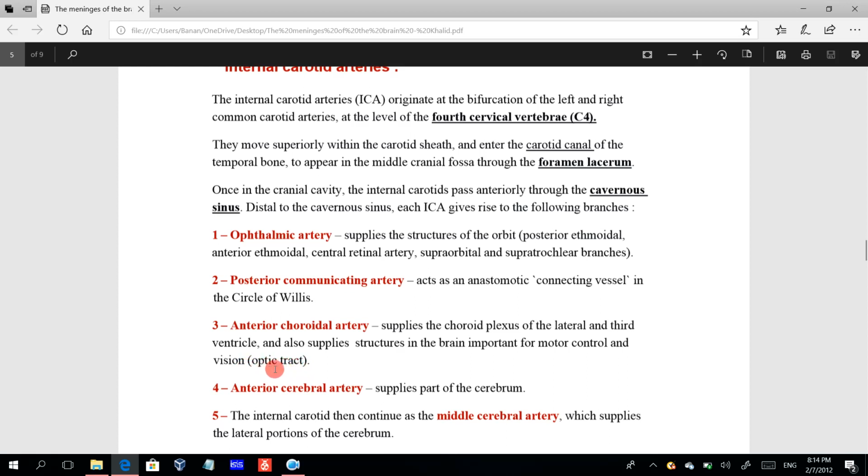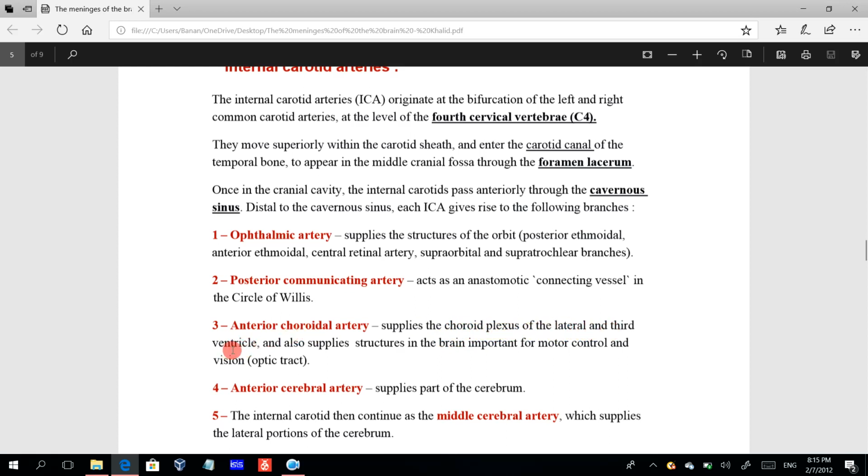القناة البصرية. هذه عبارة عن tract of nerves. And these nerves are very important, of course, and the nerves also need a blood supply, supplied by this anterior choroidal artery. And of course, the choroid plexus is a plexus of cells present in the lining of the lateral ventricles of the cerebrum and also the third ventricle.